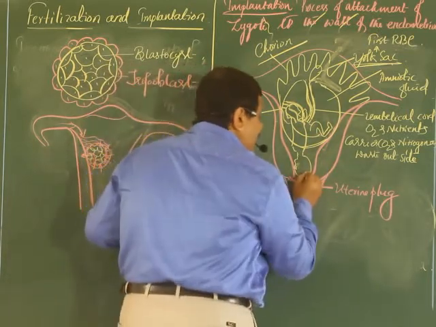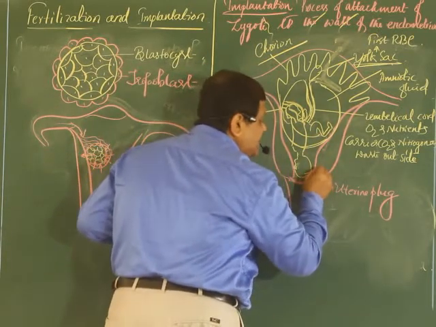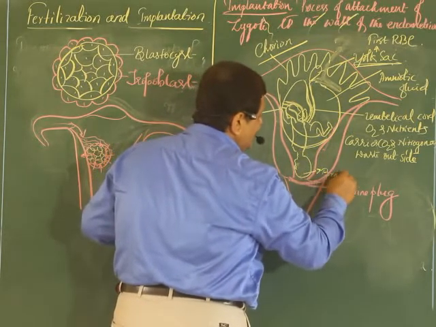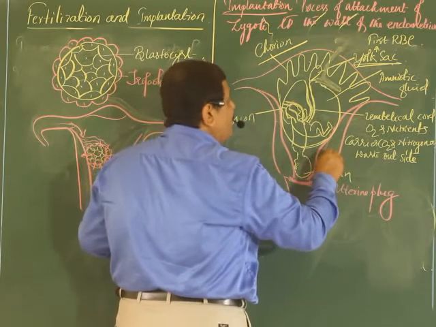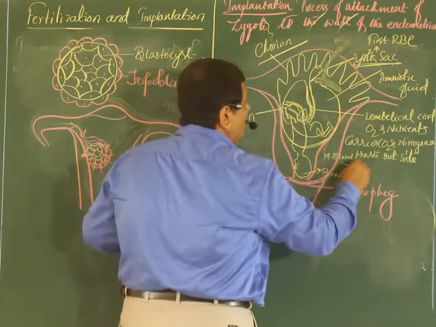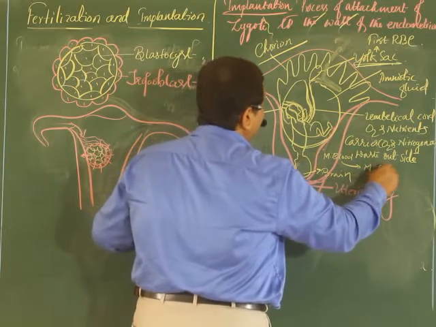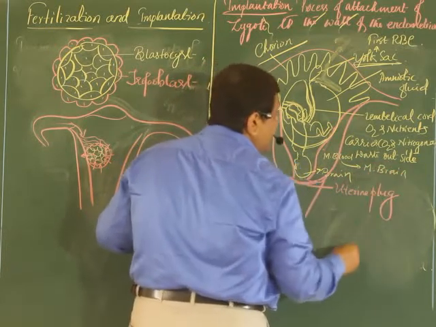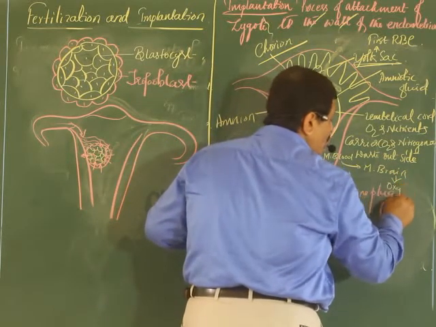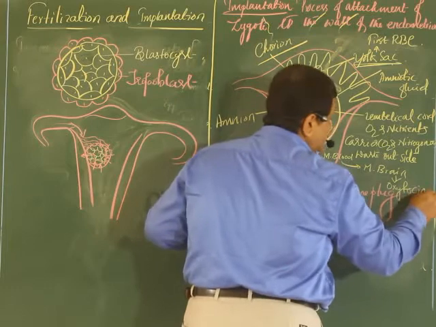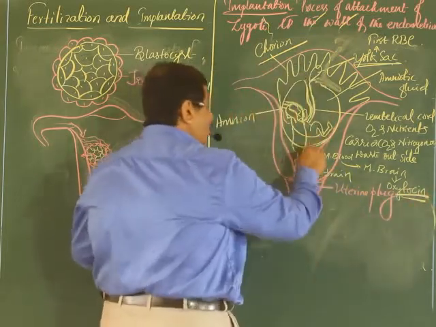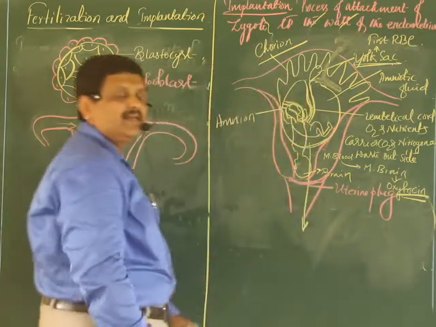During that time, a protein is released from the brain of the child, and that goes to the mother's blood. From there it goes to the mother's brain. From the mother's brain, oxytocin is released. And this oxytocin is responsible for childbirth.